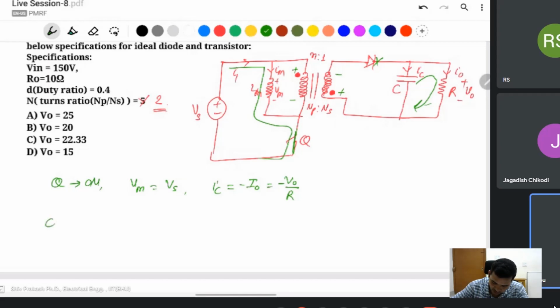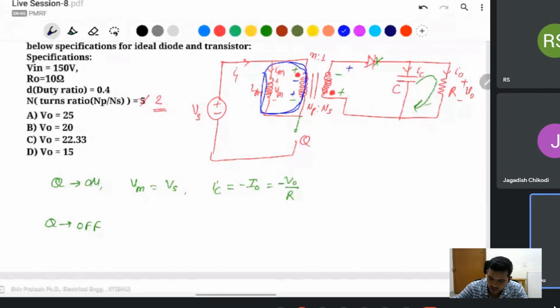When switch is off condition, the stored energy is delivered to the output. Switch is off like that, and this Im stored energy flows to the output side, and this one is positive, this one negative.